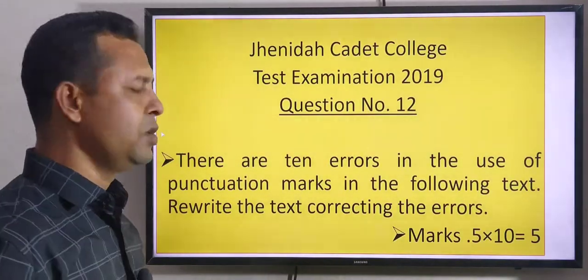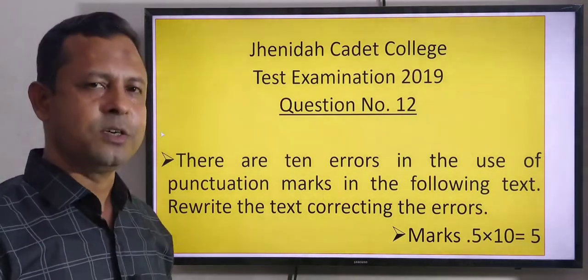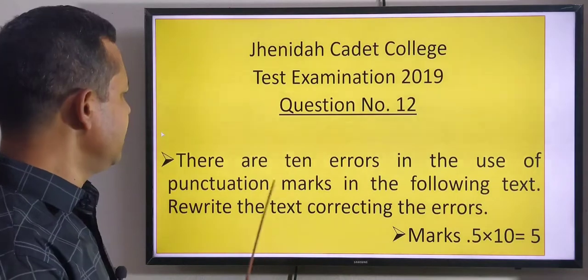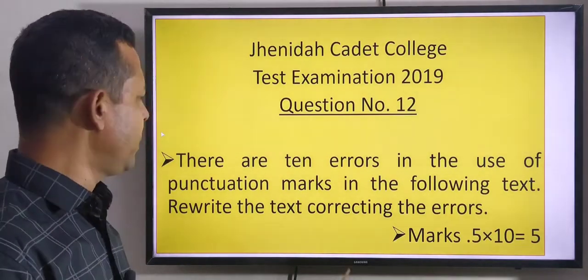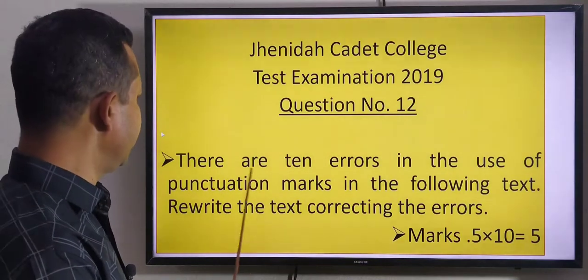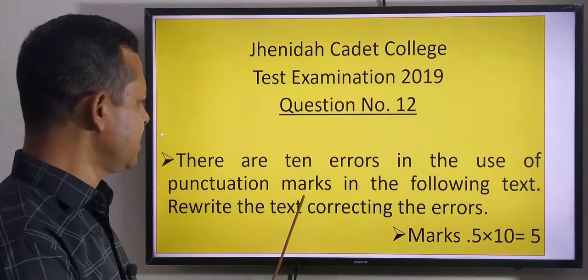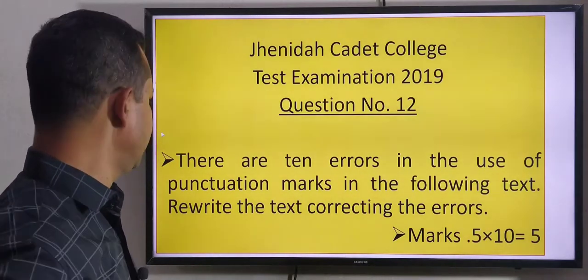At first we shall solve the question of Zinadao Cadet College. This is the caption. What does the caption say? The caption says there are 10 errors in the use of punctuation marks in the following text.